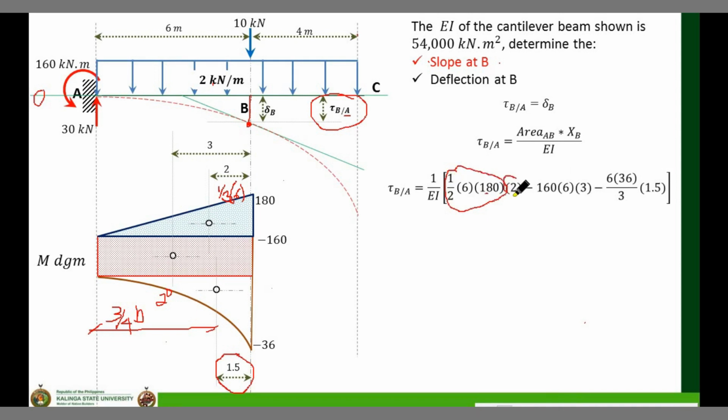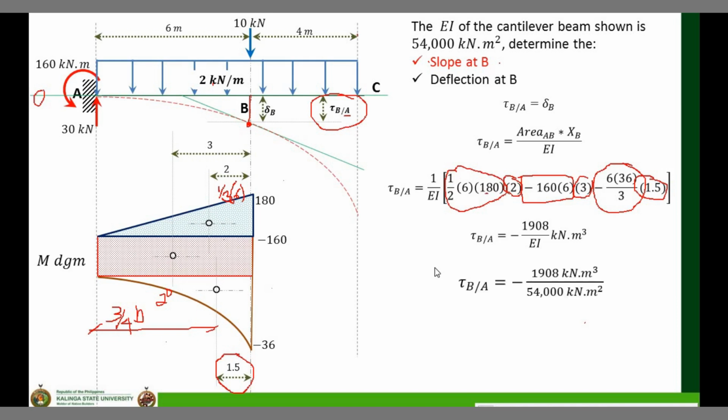This 2 is the distance of the centroid to point B. Here, 160 times 6 is the area of your rectangle, and 3 is the distance from the centroid to B. Then 6 times 36 over 3 is the area of your spandrel, multiplied by 1.5, the distance from the centroid of the spandrel to B. So if we substitute these values in your calculator, your t_B/A is equal to negative 0.0353 meters.